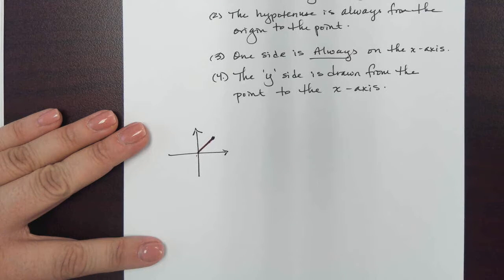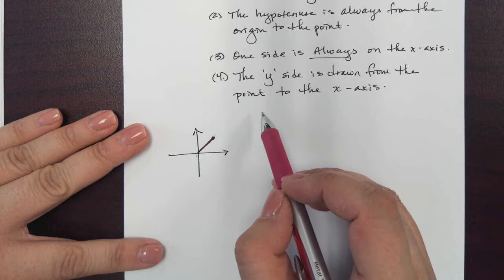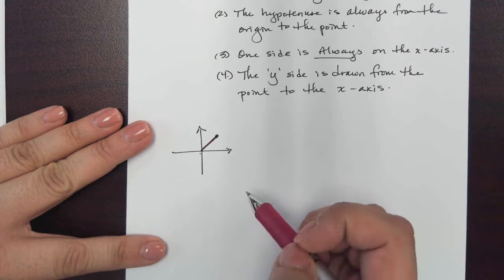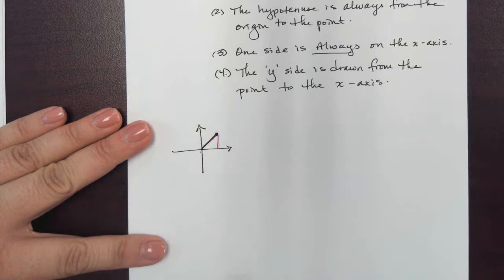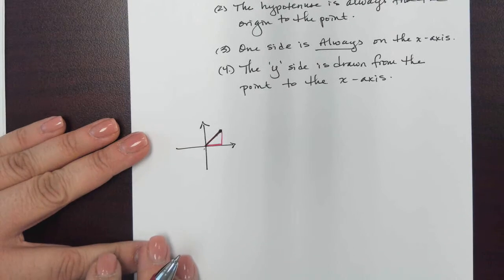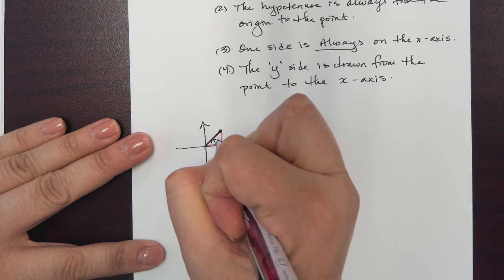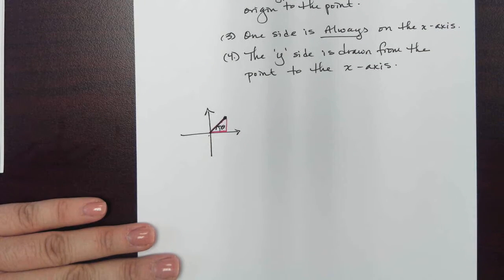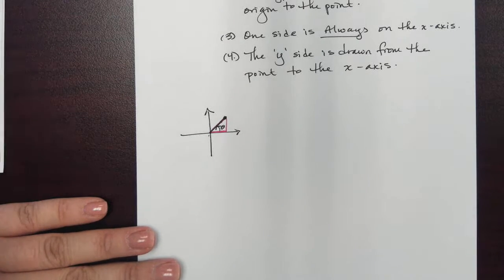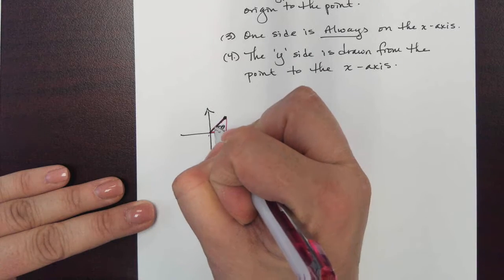I'm going to draw from my point down to the x-axis, and then the last side of my triangle is on the x-axis. My theta is here. So this is when I have a point in the first quadrant. Theta is closest to the origin. Theta is from the x-axis up to my hypotenuse.